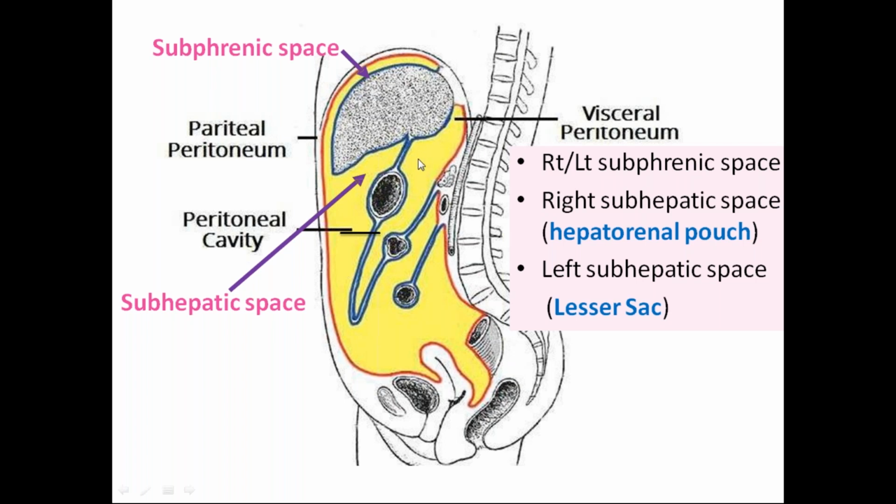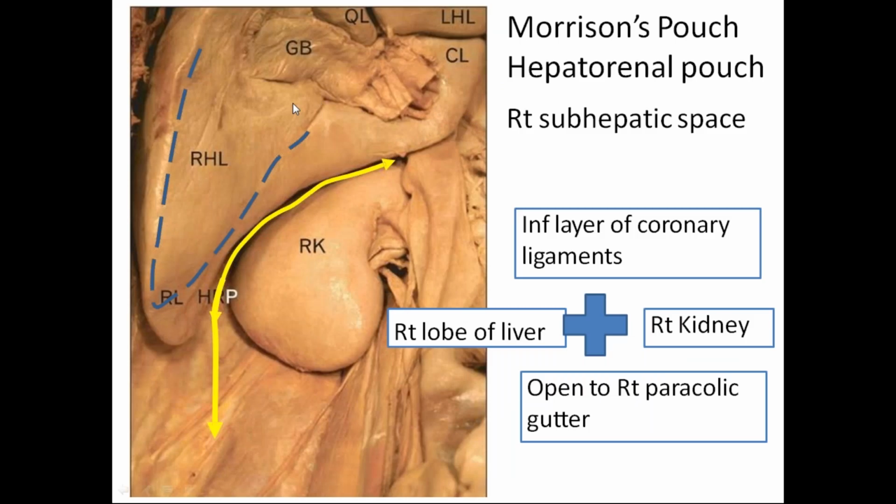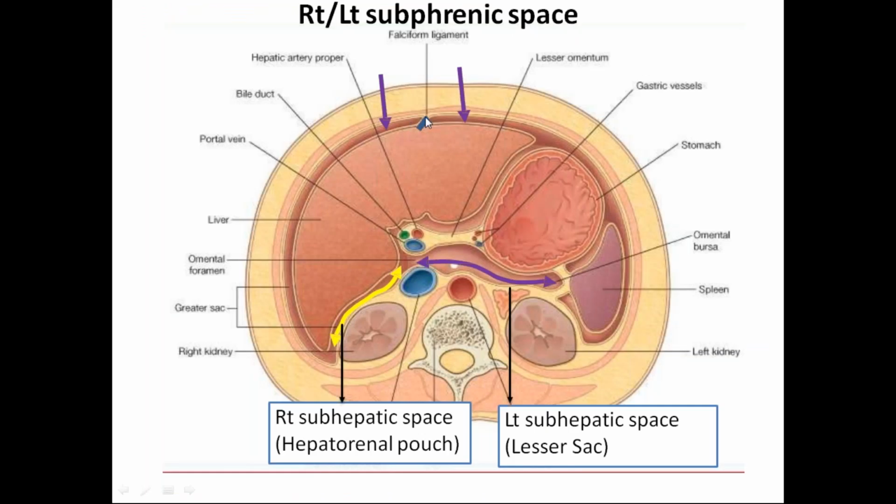The left subhepatic space we have already seen, that is nothing but the lesser sac. You can see in this picture the falciform ligament here, which divides the right and left subphrenic space. The part on the right side of falciform ligament is right subphrenic space and the left side is the left subphrenic space.